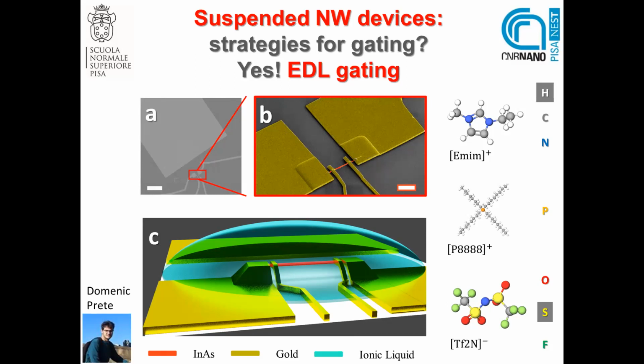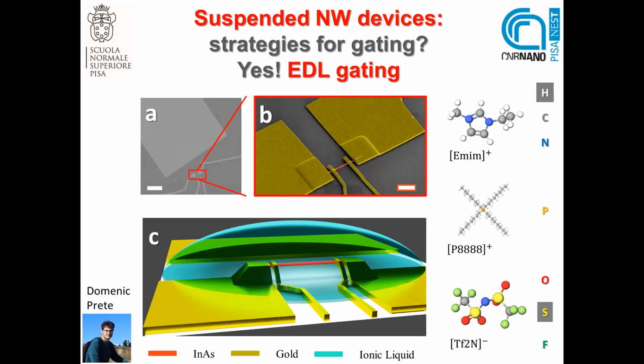Well, simply because the thermal conductivity of most electrolytes like ionic liquids is several orders of magnitude lower with respect to that of the nanowire and of any standard substrate like silicon oxide. And so basically we can consider the ionic liquid as a thermally insulating system, and it will affect the precision of the measurement of the thermal conductivity in a negligible way.